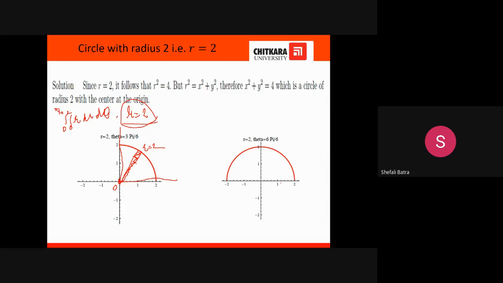If you're taking a circle above the initial line, this is your initial line, the x-axis is the initial line, above the initial line, then what would the limit be? What will be the limit for this circle, a semicircle? This line represents what?